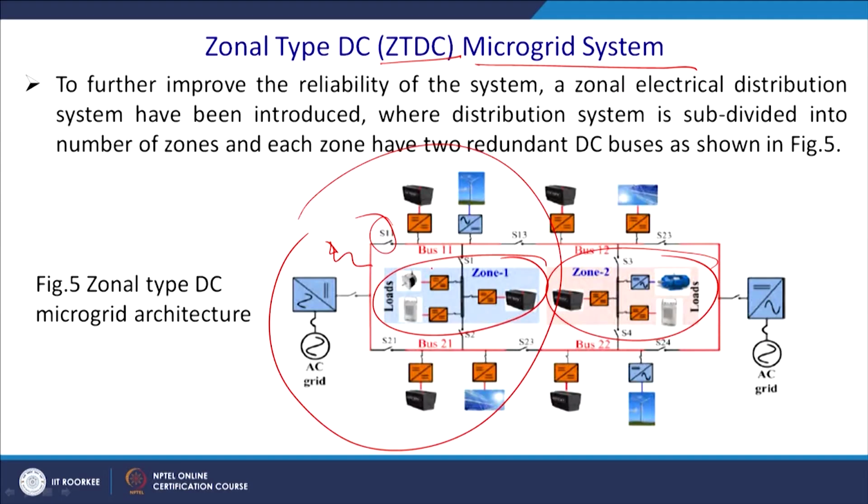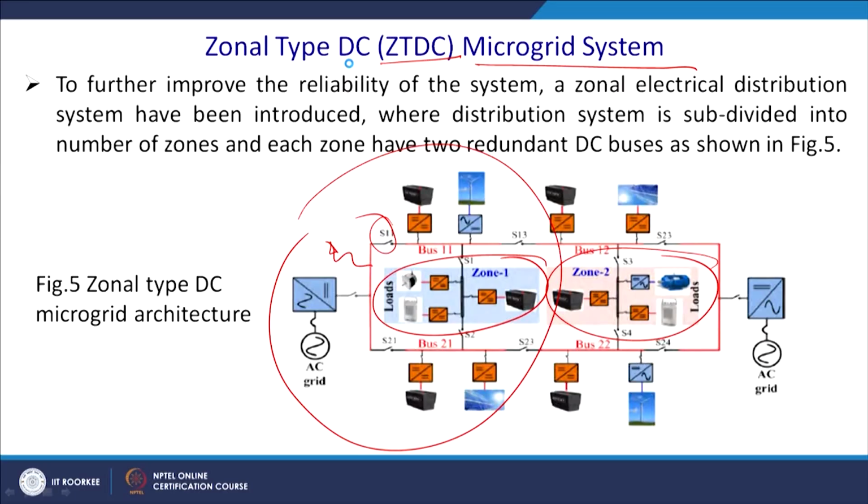What happens is that when power is wheeled through, there might be a potential difference. Once you are closing, there will be a transient. So, those controls are quite complex in this case, and they require coordination also. With coordination and control, this zonal type DC gives you the best solution among these proposed systems.